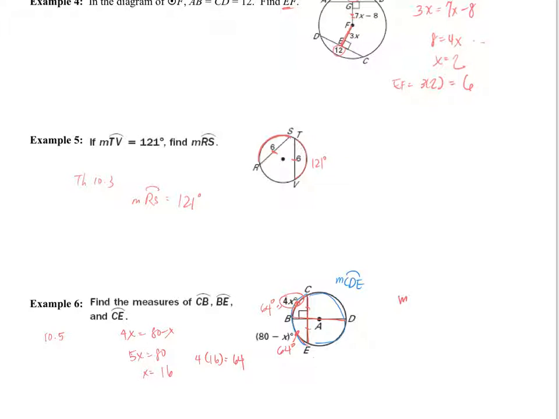So let me first write my answers down to the side. This will be 64 degrees. And then CE would just be double 64, which is 128 degrees.